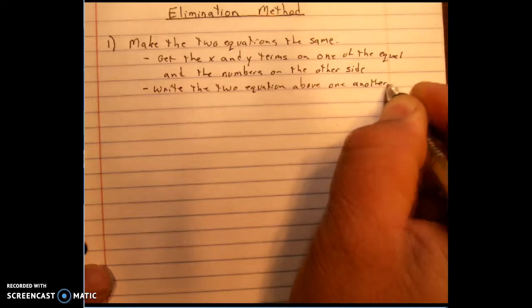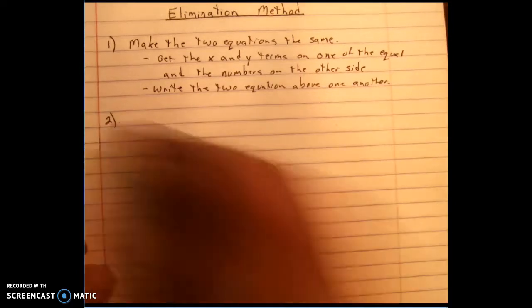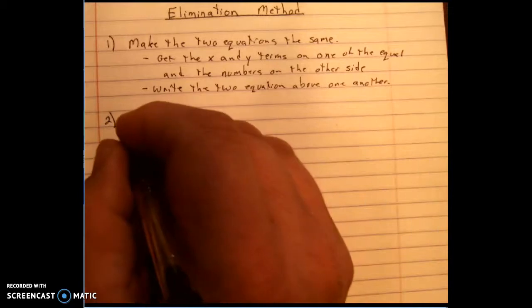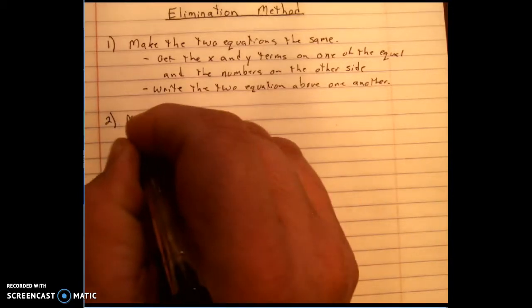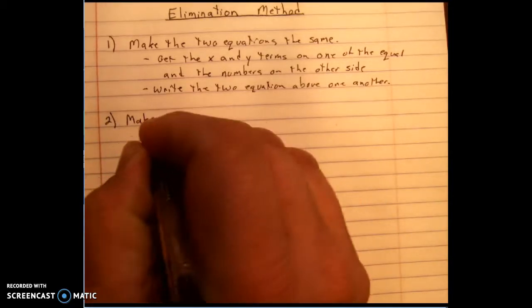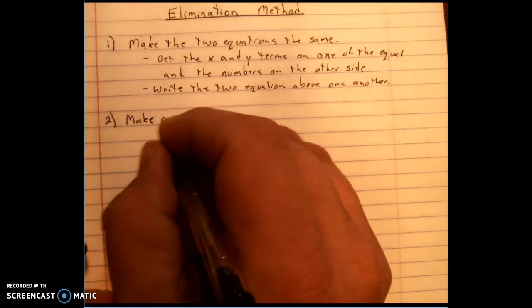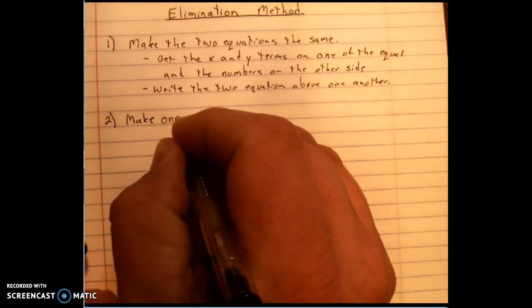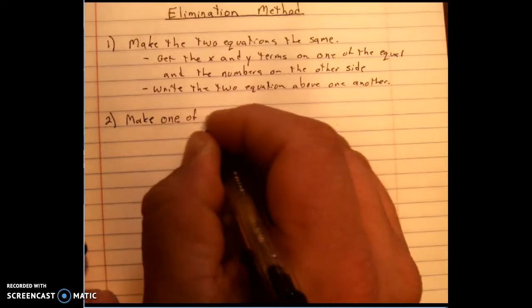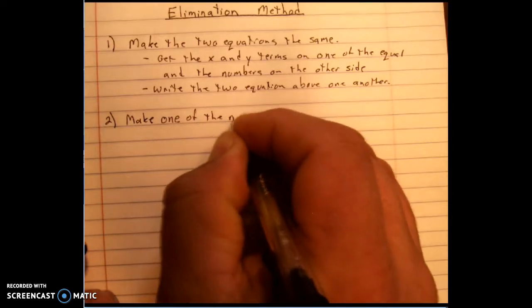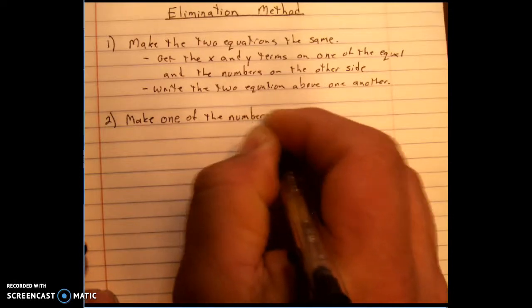Now, step 2. Step 2, we won't have to deal with in the first example that I do. We'll practice a few before we have to do this one, but I need you to put it in here so that as we get to the more complex ones, the progression is correct.